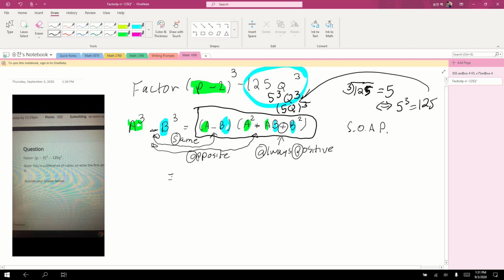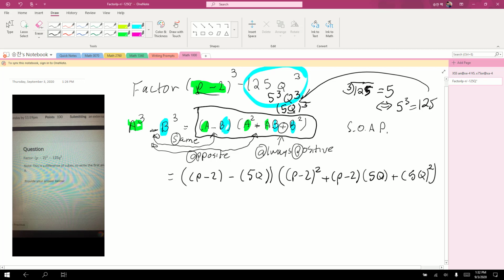So this will be, since A was p minus 2, (p minus 2) minus, and the B was 5q, so (5q), and then times (p minus 2) squared, then plus (p minus 2) times (5q), and then plus (5q) squared.